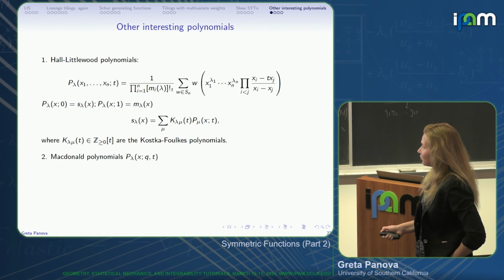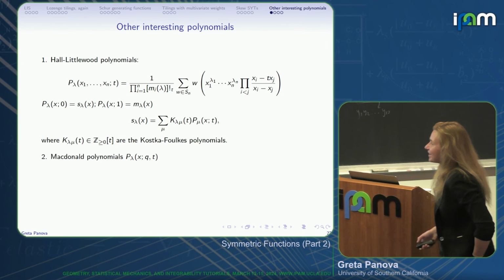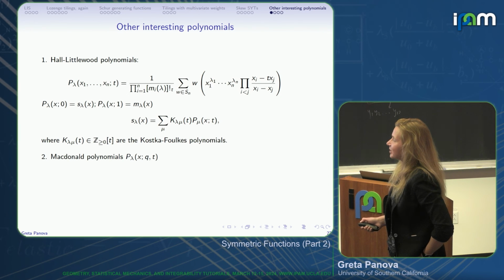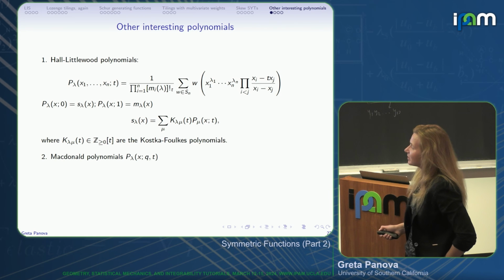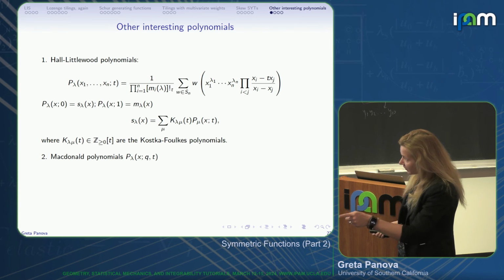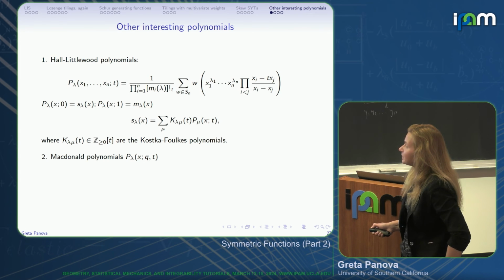And I'm not going to write you the definition because it's horrible. And one of the holy grails actually is to prove that the Macdonald polynomials expand positively in the Schur functions, the modified Macdonald polynomials, I should say, so remove those factors here.